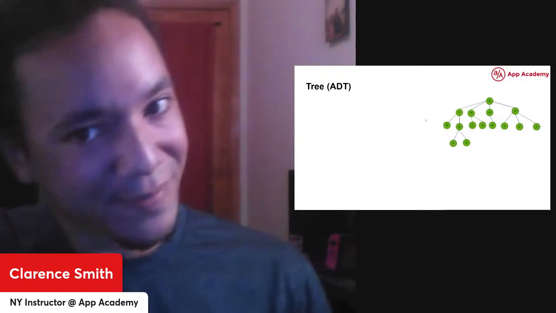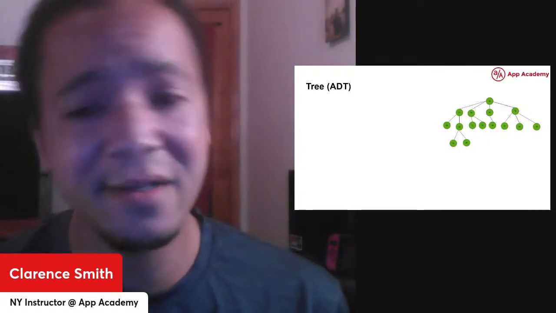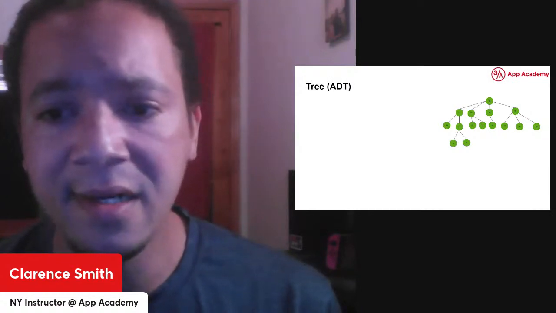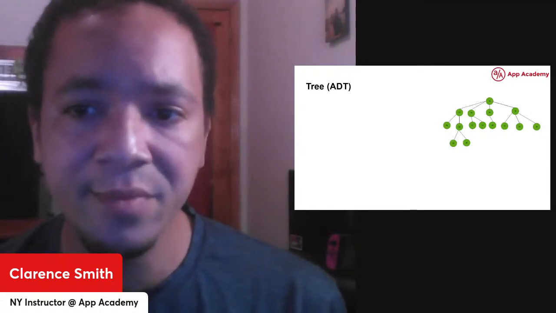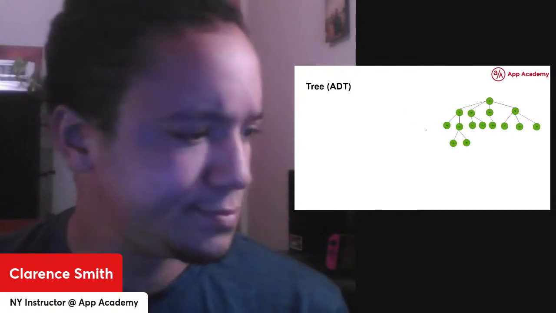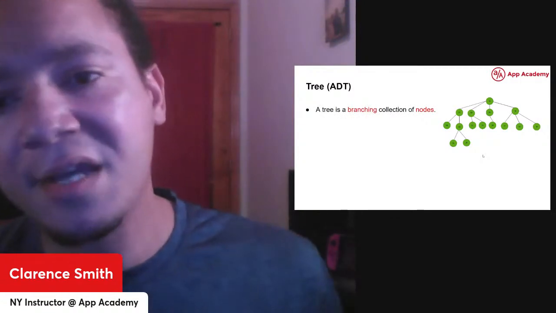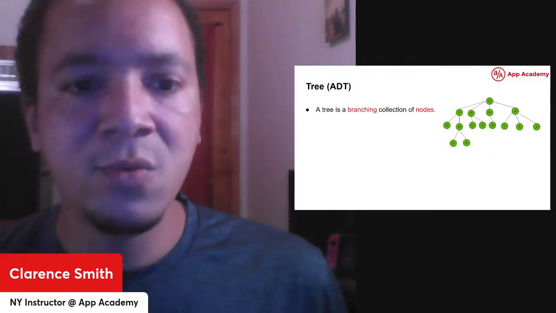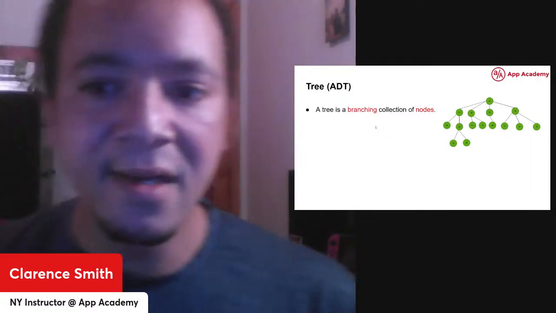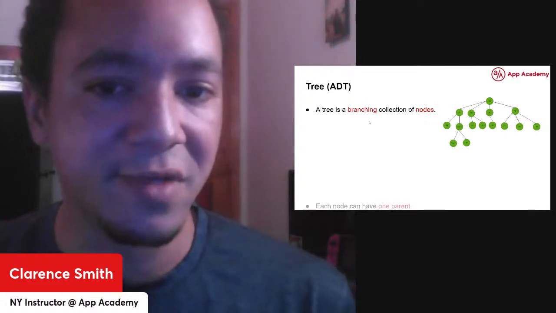A tree looks like this. You might think of a family tree, right? And it branches and it goes down. This is just a tree of numbers. Let's talk about the parts of it. It's a branching collection of nodes. We'll talk more about what a node is, but I think the idea of branching is pretty natural for folks to understand.